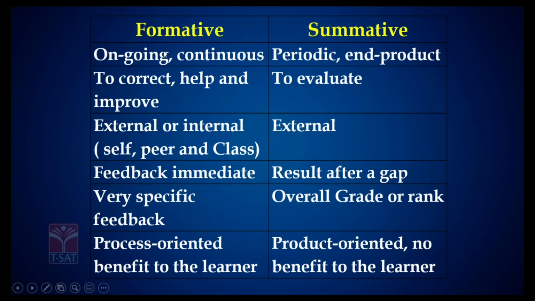Formative evaluation is ongoing and continuous, whereas summative evaluation is periodic or even end product. Our slip test and formative assessment are good examples of formative assessments, and summative examination 1 and 2 are examples of summative evaluation.